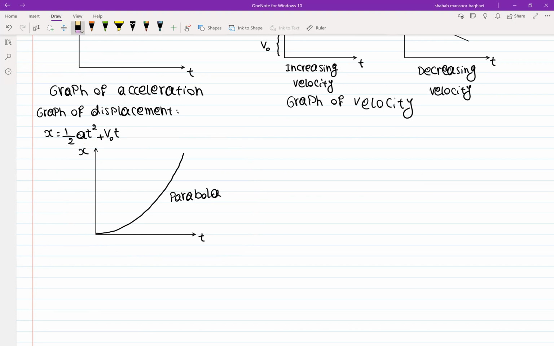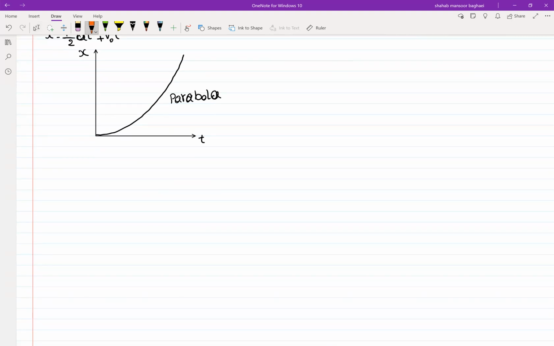Okay, perfect. Now, let me give you some examples regarding accelerated motion. Example. There is a particle. It has initial velocity V0. That's 4 meters per second.